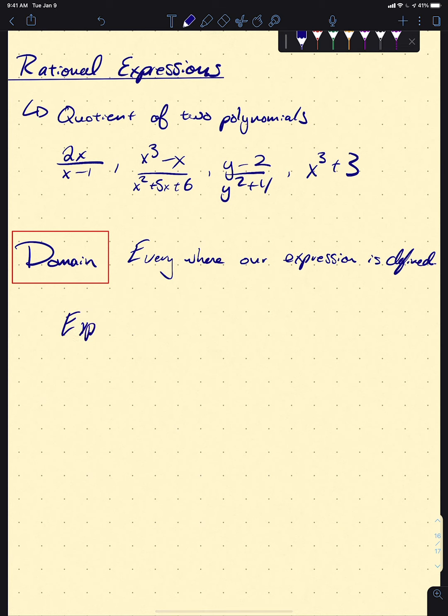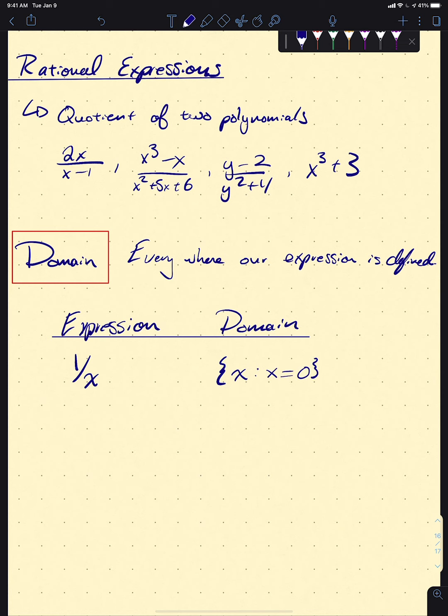So we have an expression, and we have its domain. First one, sort of the categorical example of dividing by 0, we have 1 over x, right? You can do this everywhere except for where x equals 0. So my domain is a set, the set of all x, where x does not equal 0.